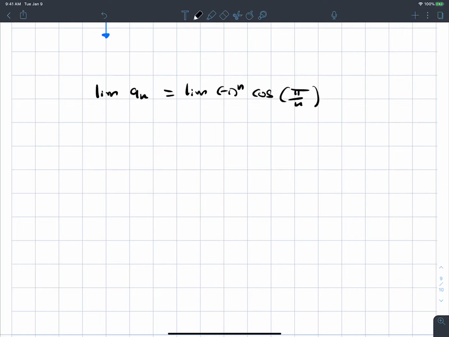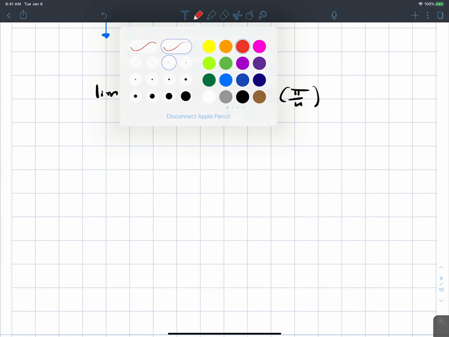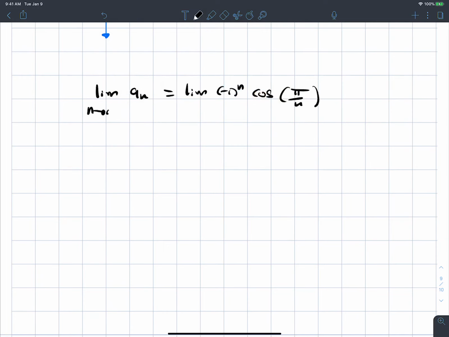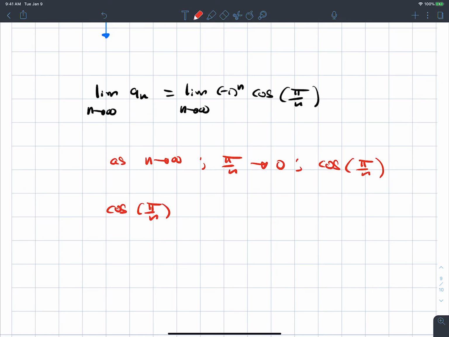And we need to know, let's write everything down, n's going to infinity. Here's what we need to know. As n gets big, what happens to pi over n? Pi over n goes to 0, which means cosine(pi over n) goes to cosine of 0, which equals 1.